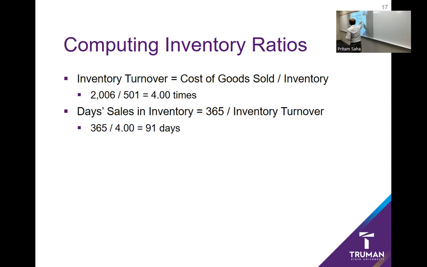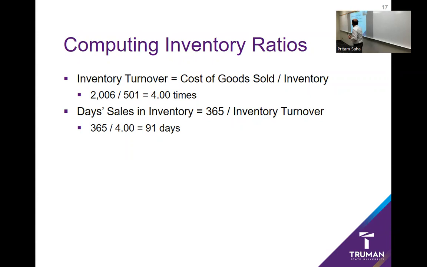This ratio we are just converting in terms of days. This is telling you that to convert from inventory to sales, the entire process takes around 91 days. The lower the value, the better the efficiency in terms of days, because you're taking fewer days to convert from inventory to sales.